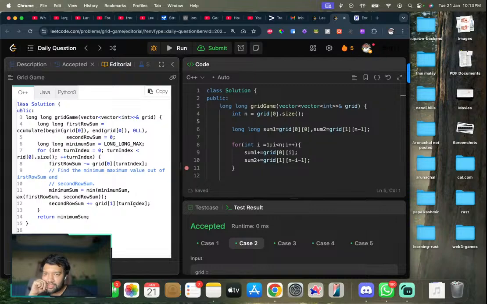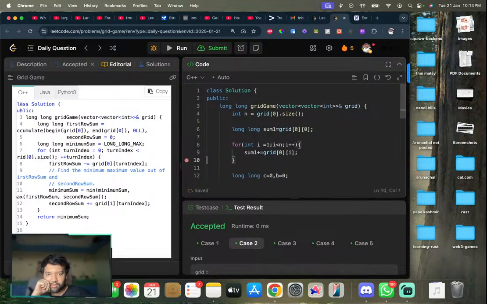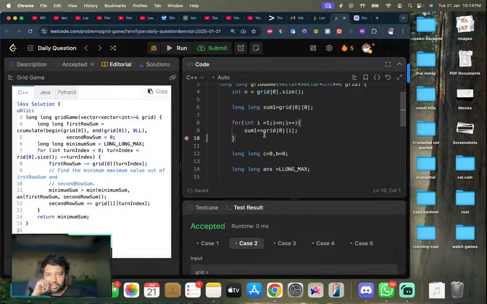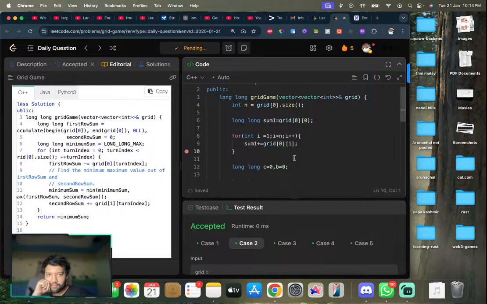Accumulate. Yeah, I don't think I need this also. So sum two I don't need. Is there anything else I don't need?